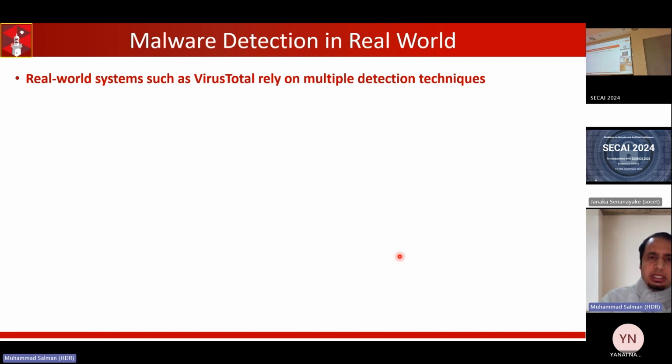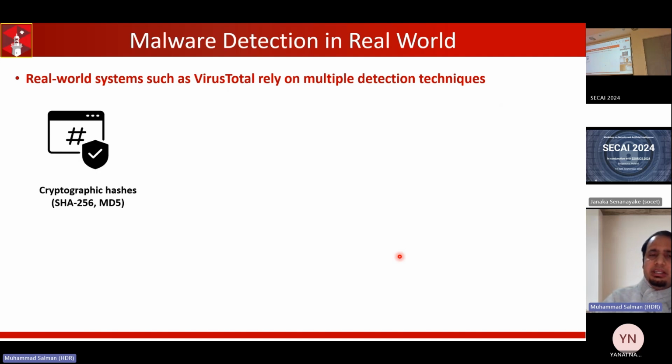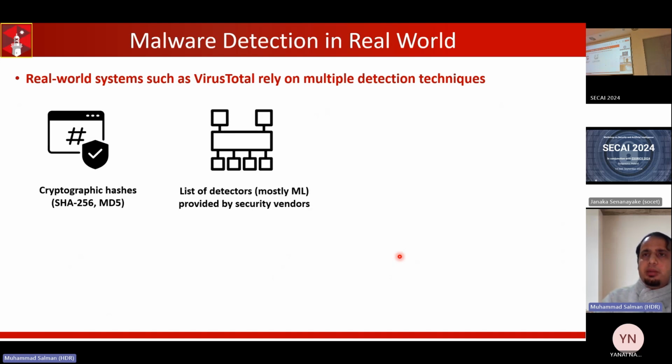In VirusTotal, if we provide an input file or a cryptographic hash like MD5 or SHA, it provides a comprehensive report that includes its cryptographic hashes. The report also includes the outcome from a list of scanners provided by different security vendors, and most of these scanners are machine learning based models.